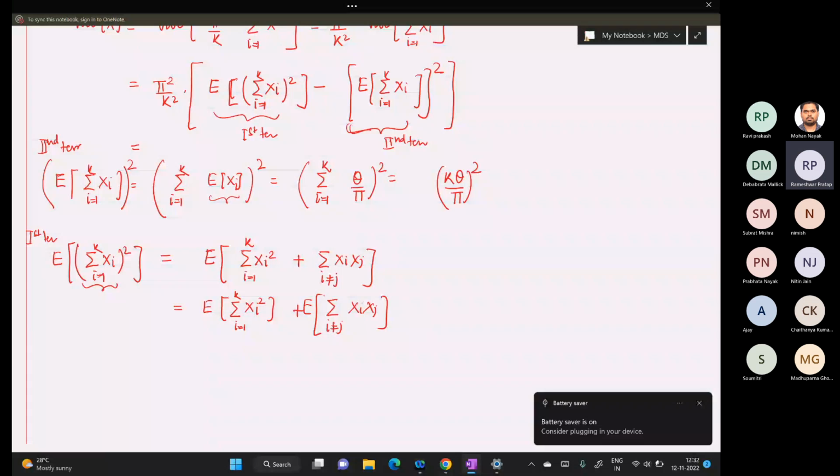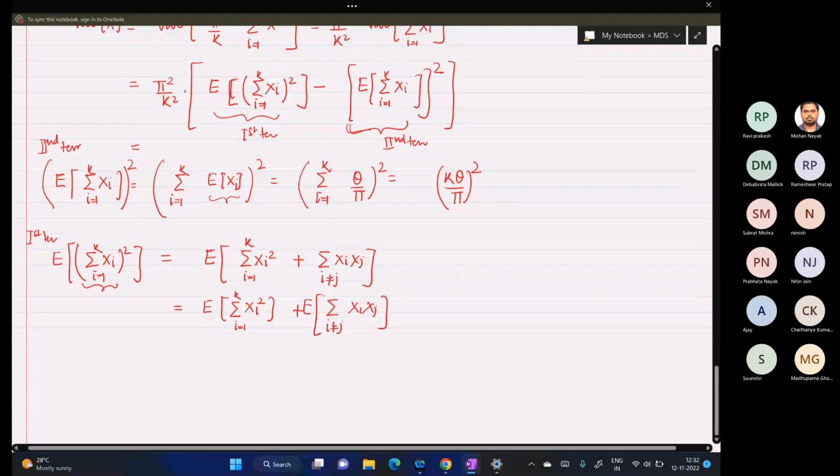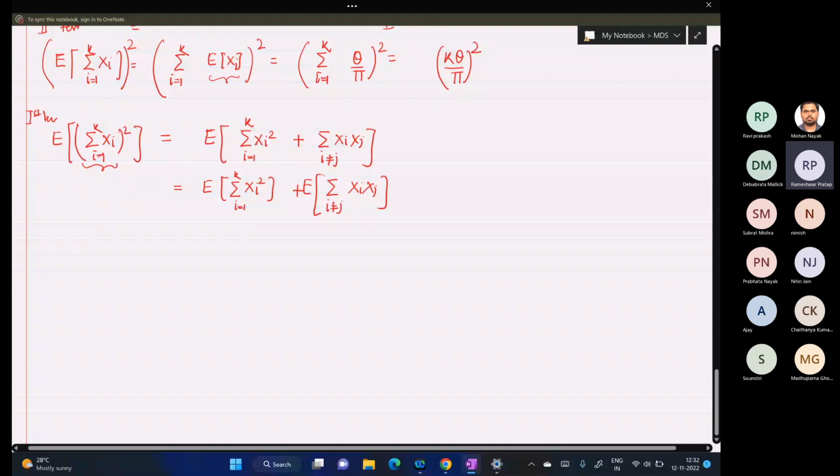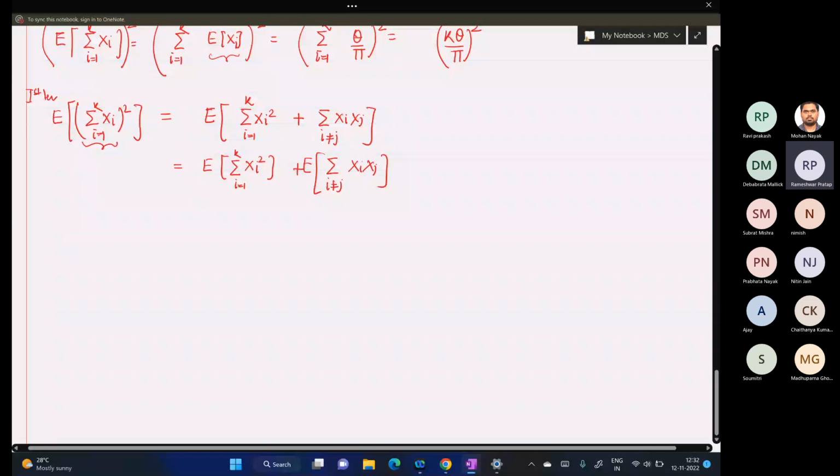Yeah, tell me. What is the value of xi square if x is an indicator random variable? Same as xi. Yes. So it is same as xi.